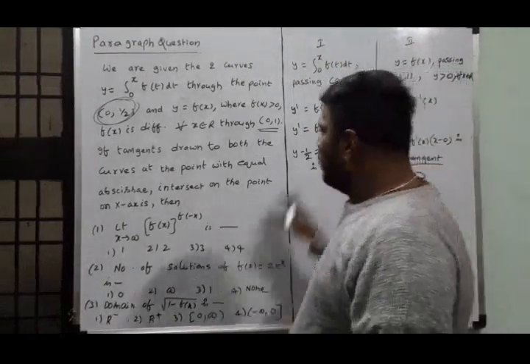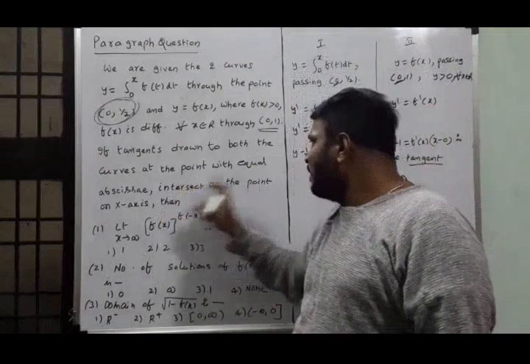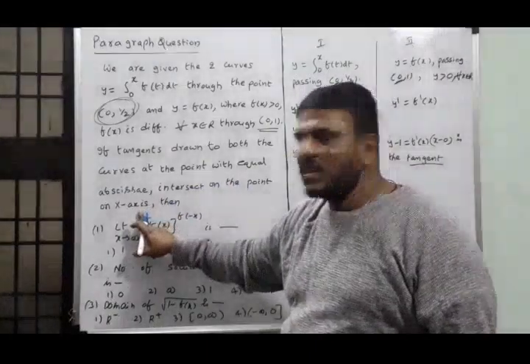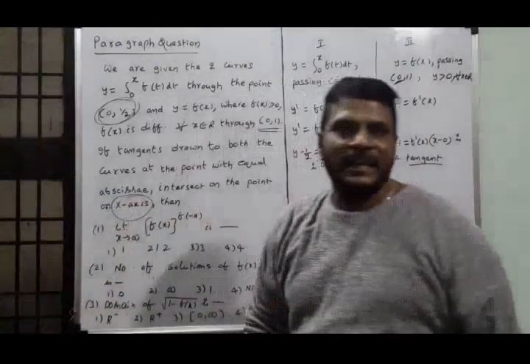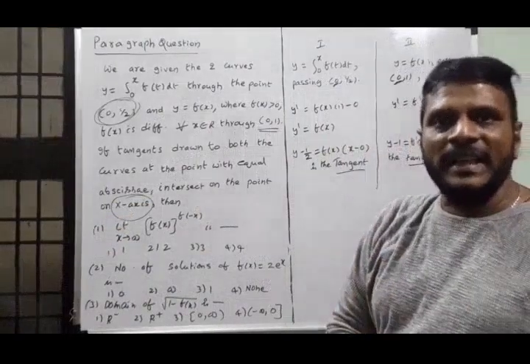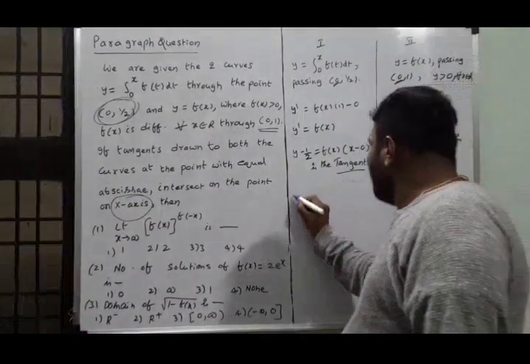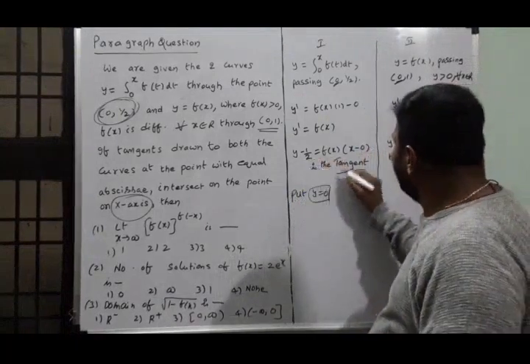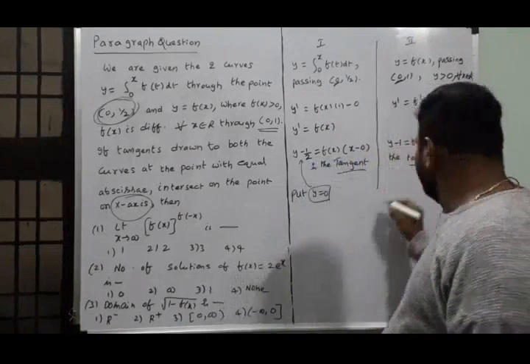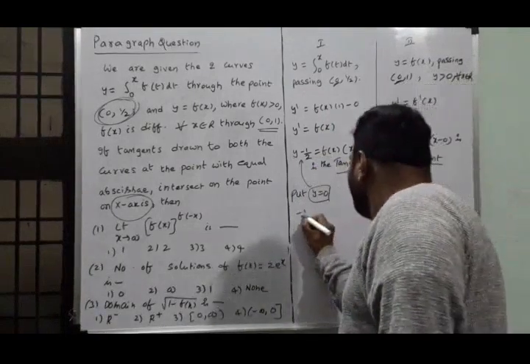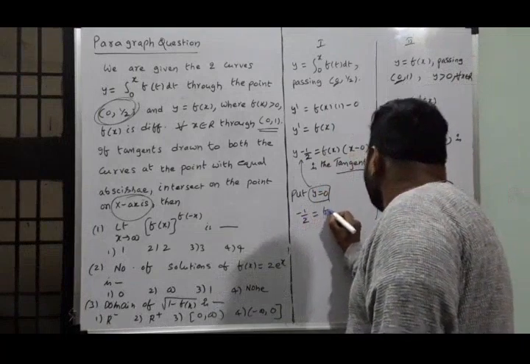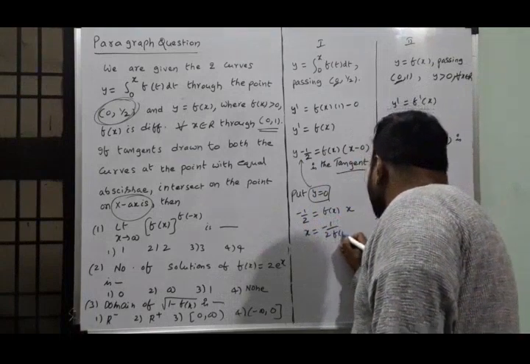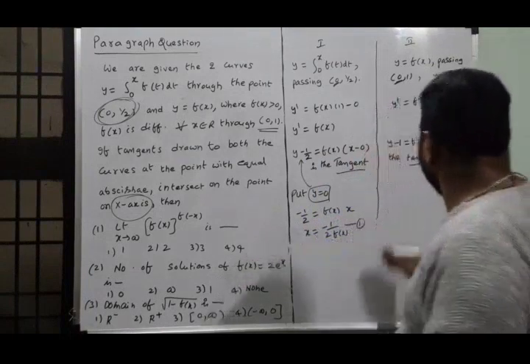Now these two tangents intersect at a point on the x-axis. On the x-axis, the y coordinate is 0. So put y = 0 in the first tangent. Minus 1/2 is equal to f(x) times x, so x = -1/(2f(x)). This is equation 1.